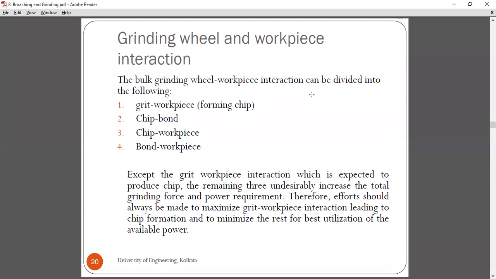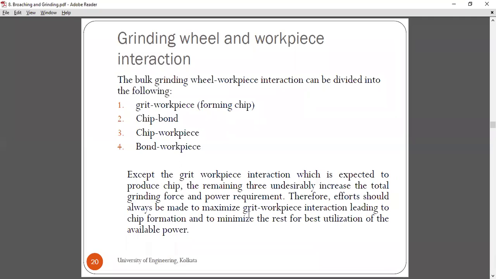The other three, chip bond, chip workpiece and bond workpiece interactions, have no contribution towards material removal, however they increase the power consumption. Therefore, the effort should always be to maximize the grit workpiece interaction, leading to chip formation, and minimize the rest, for the best utilization of the available power.